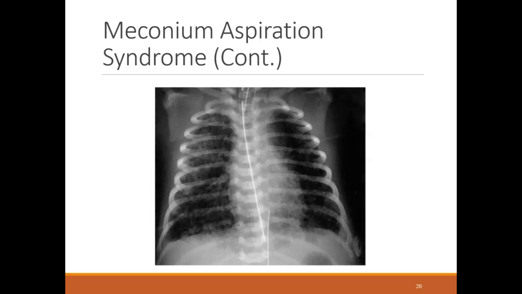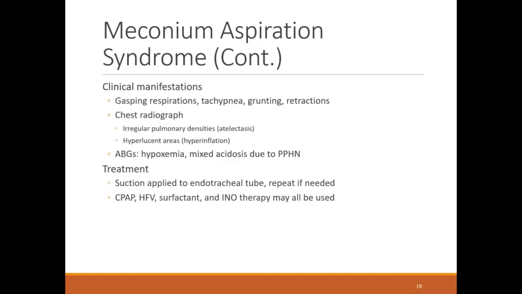So how do these patients present? Typically you get in the history that before birth they had thick meconium present at delivery or when they broke the bag. They might have gasping respirations.